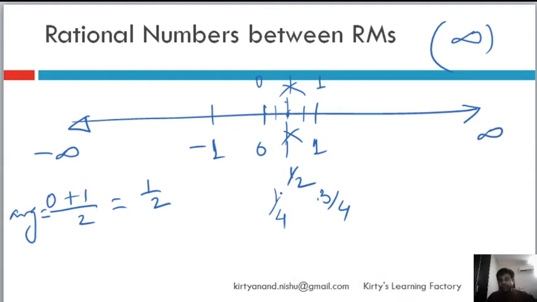Now I can find one more between 1 by 4 and 1 by 2, right? I think that will be 3 by 8. That will be 3 by 8 between 1 by 4 and 1 by 2. If I take the average of 1 by 4 and 1 by 2, let's just quickly see so that we are not wrong.